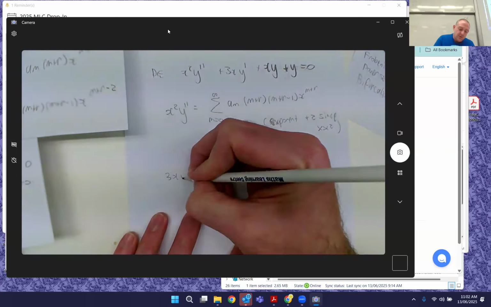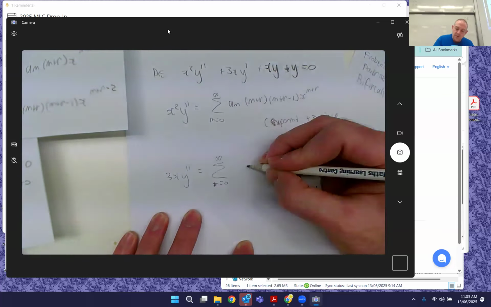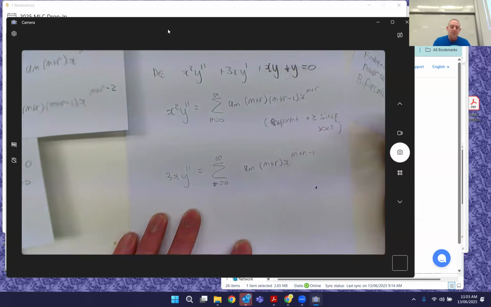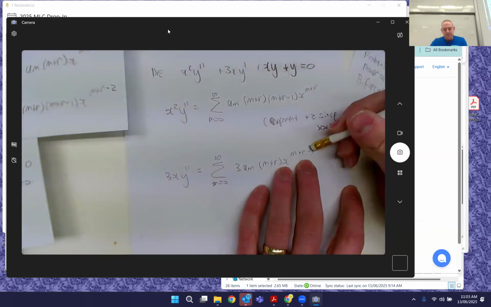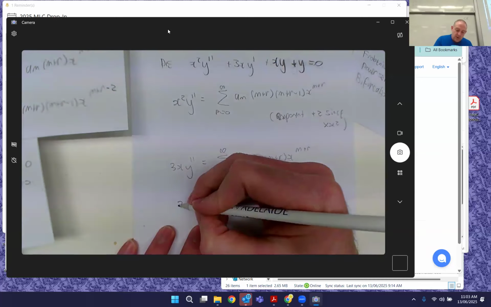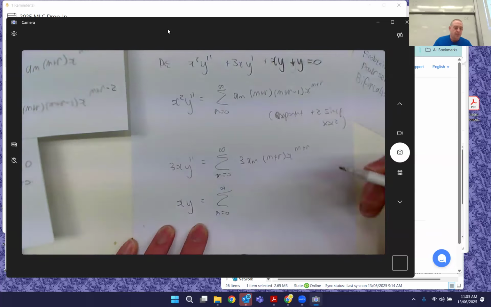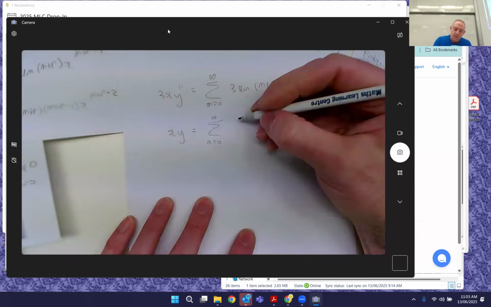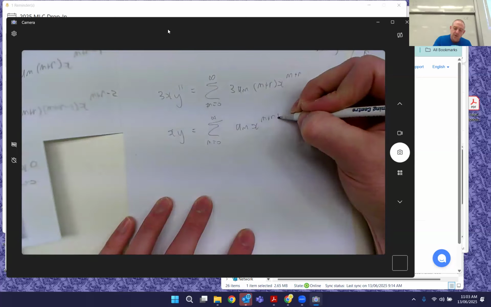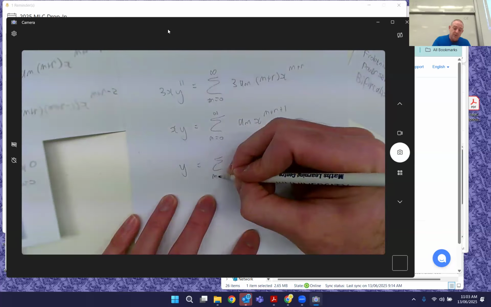And the 3x times y dashed, the y dashed was this, but then I times by 3 and I times by x, and so that went up as well. And the x times y, y was just a_m x to the m plus r. That's going to go up by 1 because I times by x. And the 1 times y is whatever it was originally.